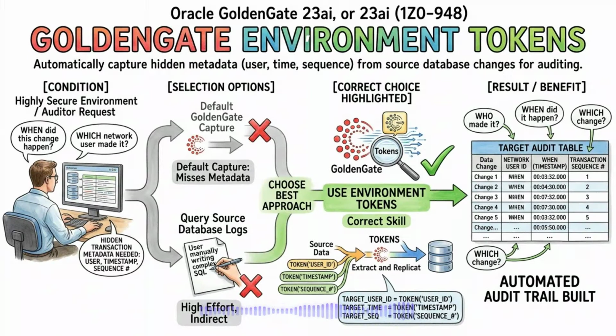To bridge this gap, you must use the COLMAP parameter, which tells the Replicat process exactly which source column matches which target column. Writing a COLMAP statement involves listing the target column first, followed by an equals sign, and then the source column name. Mastering the exact syntax of the COLMAP parameter is an absolute necessity for passing the certification exam.